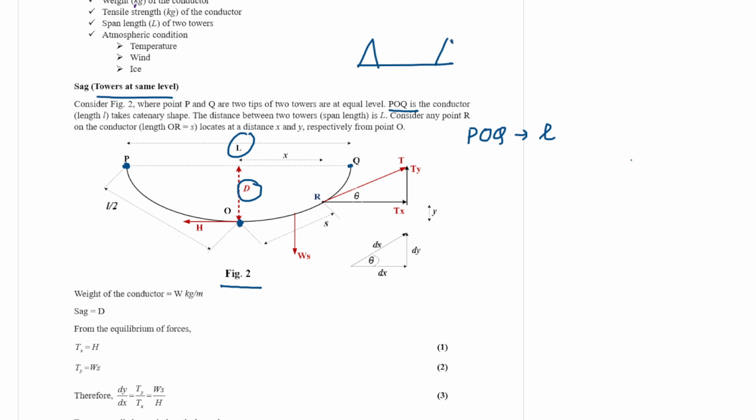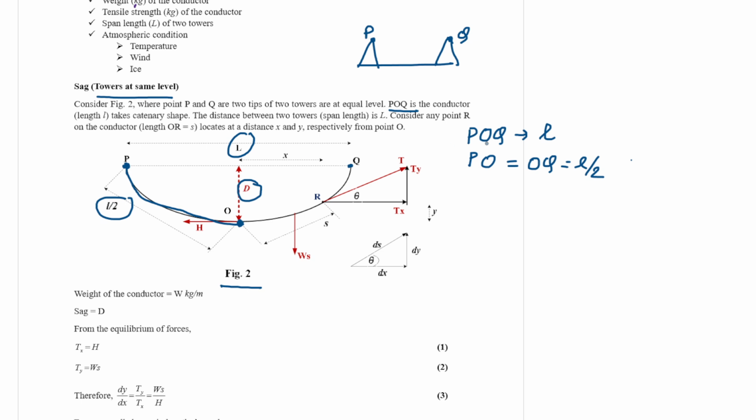That means the vertical distances of the tips P and Q from the ground are the same, which is why it is called towers at same level. For this case, the total conductor length is l, and from P to O it is l by 2, and from O to Q it is l by 2, that is, half of the conductor length.